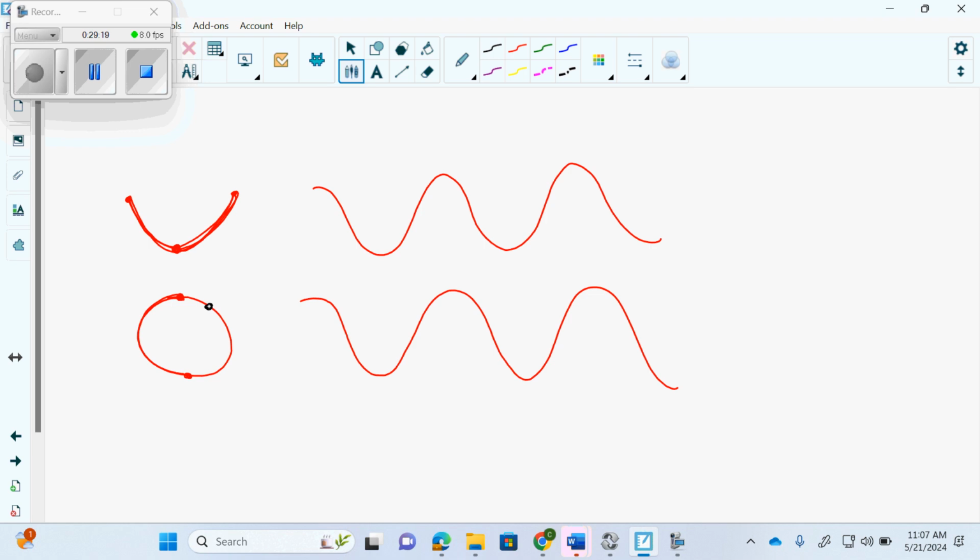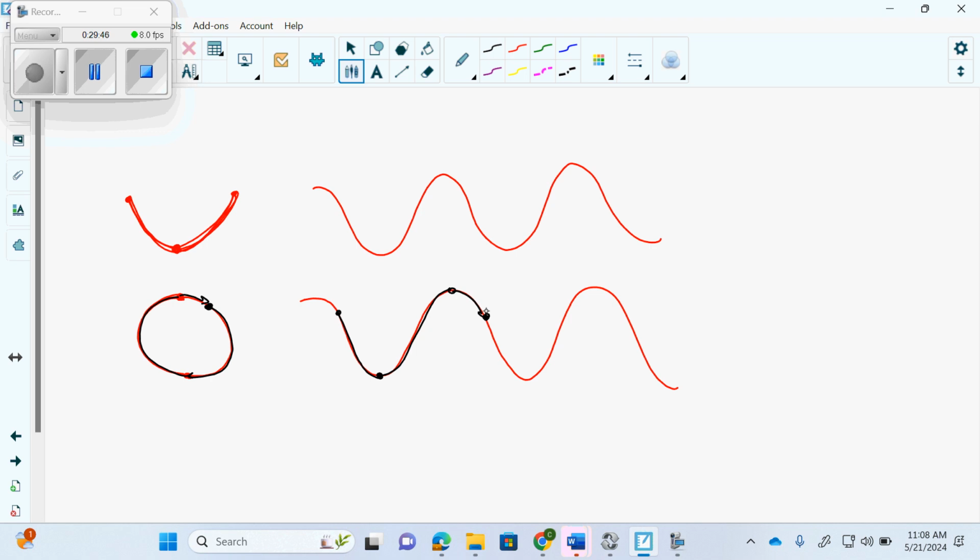Okay? So say I started here. That's my height, correct? Same height, right? Now I want to know how long it takes till I get back to that height, going this way. So I'm going down to my minimum, then up to my maximum, then back to that same spot. You see how I just did that?